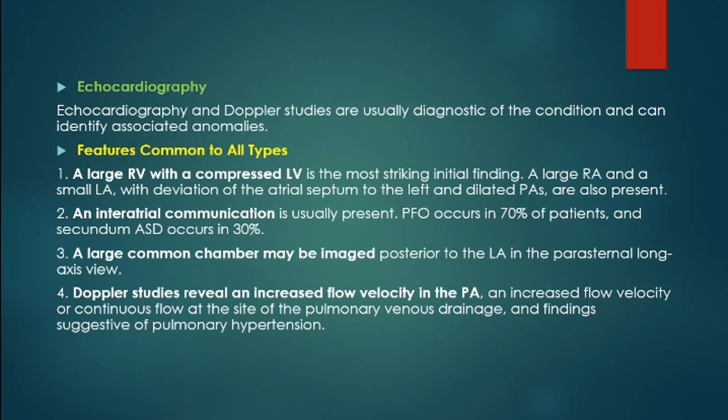The interatrial communication is necessary for survival, either PFO or ASD. There may be a large common chamber posterior to the left atrium, draining these pulmonary veins. Doppler studies may show increased flow velocity across the pulmonary artery or the tricuspid valve, or even over the pulmonary veins.